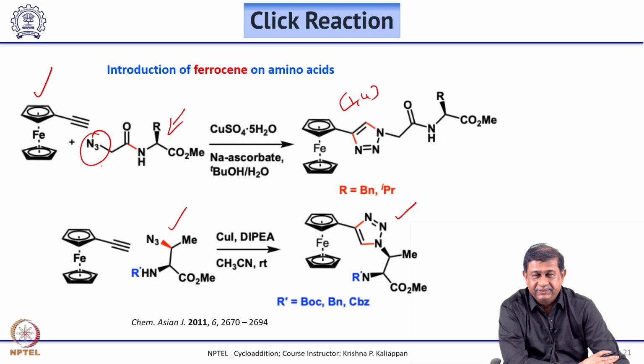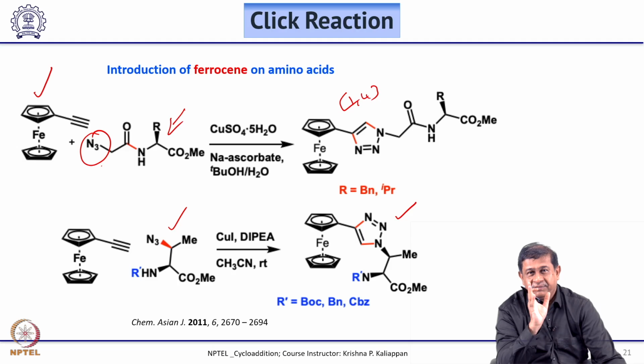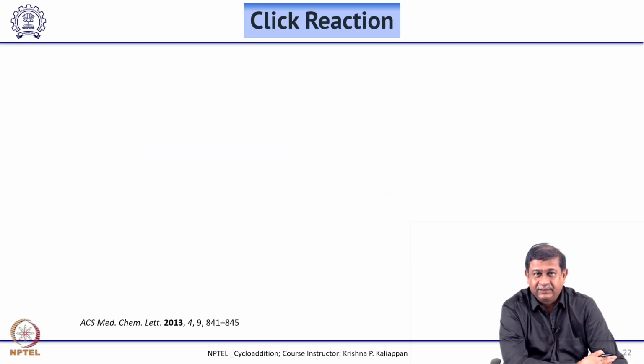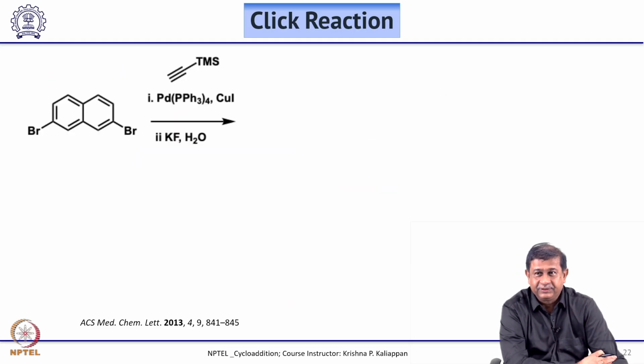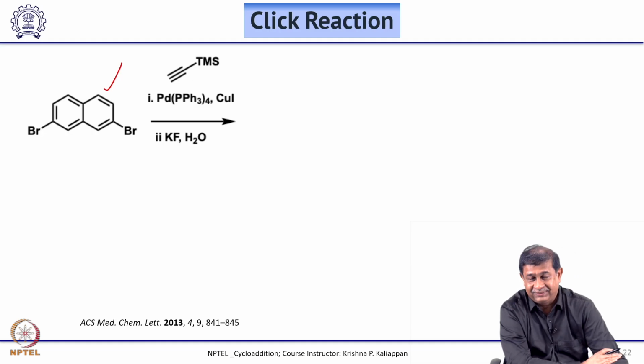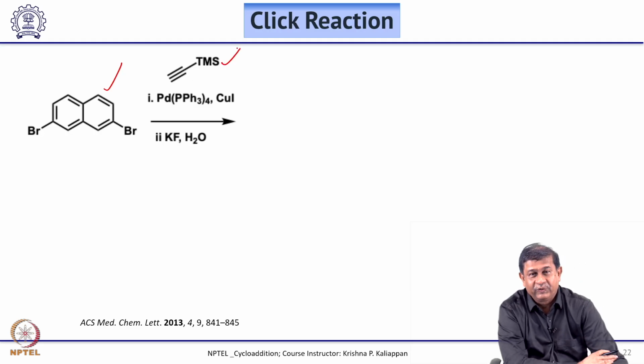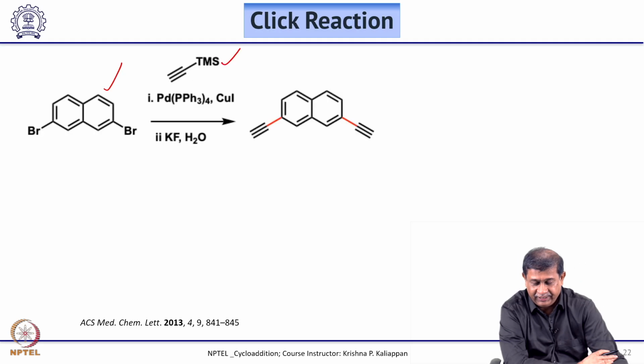So earlier example we discussed about the formation of bis triazoles starting from a molecule having both azide and alkyne, and we can also do a bis triazole by starting with bis alkyne. See, for example, if you take this dibromonaphthalene, okay, now if you do a Sonogashira coupling with the TMS acetylene followed by removal of the TMS with potassium fluoride, you get the corresponding bis alkyne.